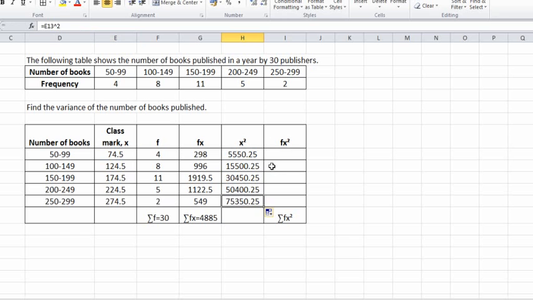And then the x squared multiplied with the f. Again, I drag the whole thing. This is what I get. And what is the summation of all this?